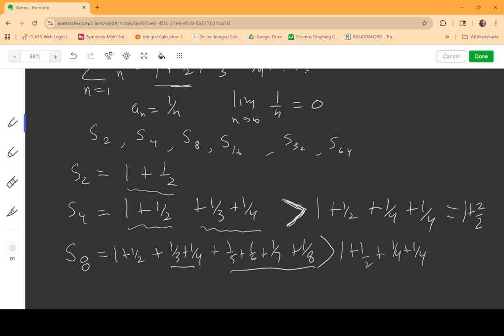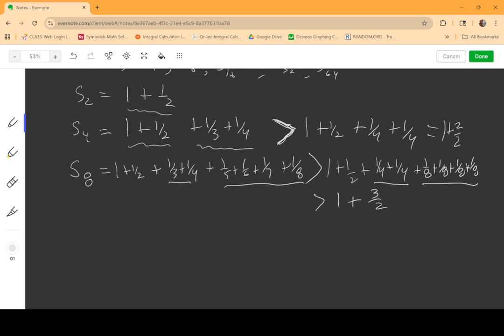Then for the next group of 4 terms, I'm going to replace the previous terms with 1/8. And again, 1/8 is the smallest of these values, hence this inequality still holds. So we get 1/8 plus 1/8 plus 1/8 plus 1/8, and more importantly, each one of these is a half. So now this quantity is greater than 1 plus 3/2.